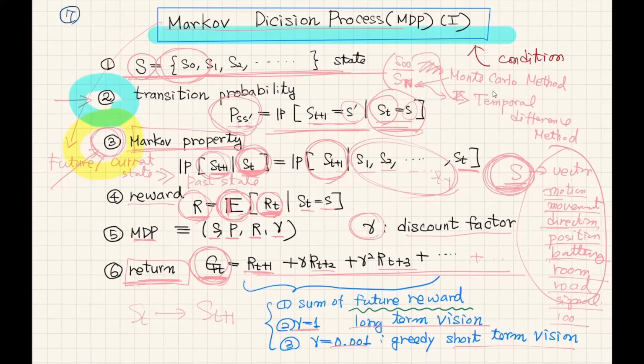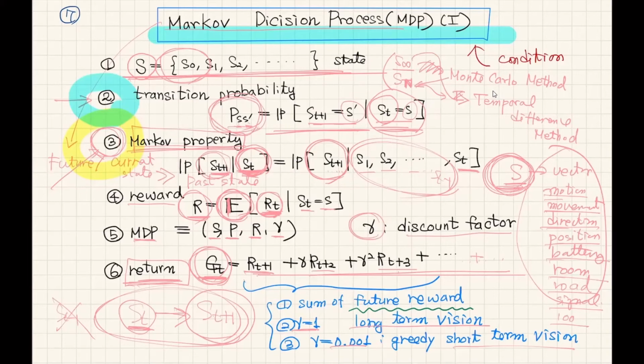It is true in the Go game, and it is true maybe in some engineering problems. The probability from St to St plus 1 is totally determined by the current state. You don't need to worry about the past. That is the condition of the Markov property. The transition from S state to the next state is represented by P S S dash.